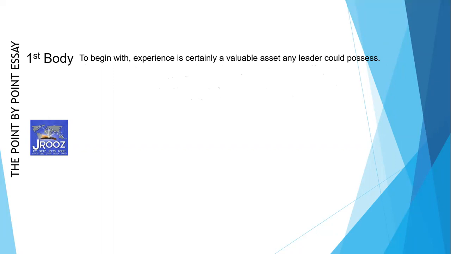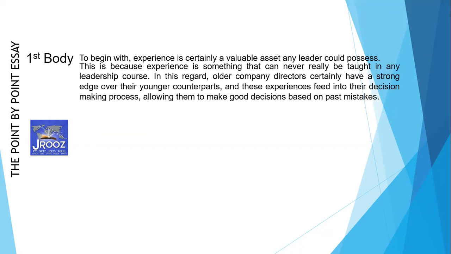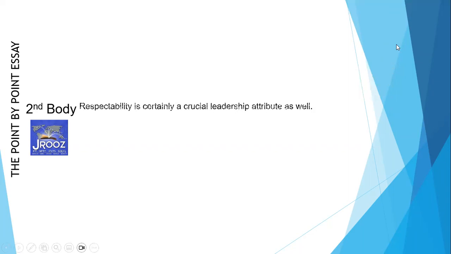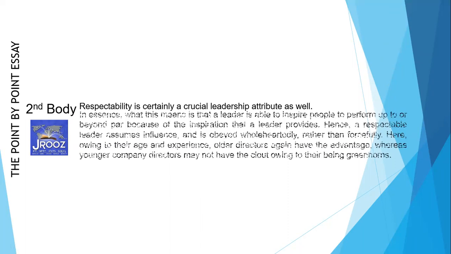To begin with, experience is certainly a valuable asset any leader could possess. It's because experience is something that can never really be taught in any leadership course. In this regard, older company directors certainly have a strong edge over their younger counterparts, and these experiences feed into their decision-making process, allowing them to make good decisions based on past mistakes. Second body, respectability. Respectability is certainly a crucial leadership attribute as well.